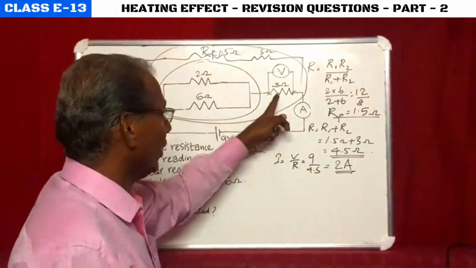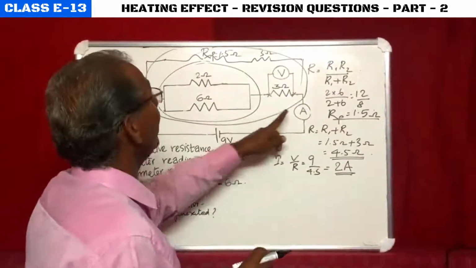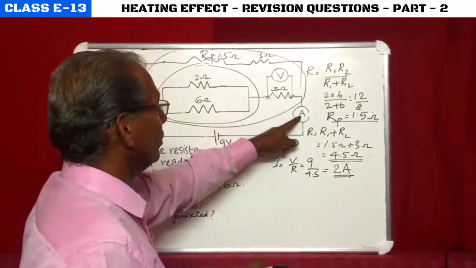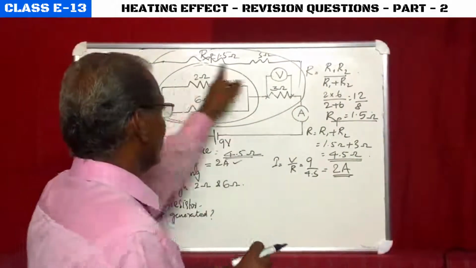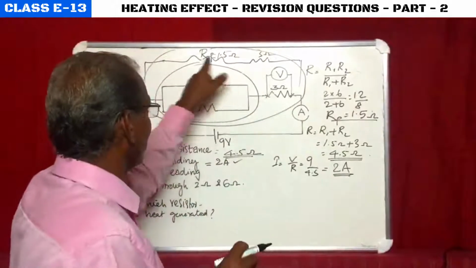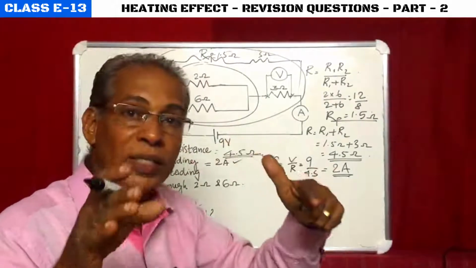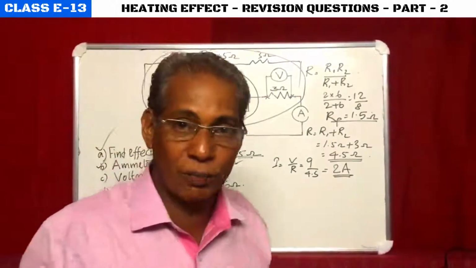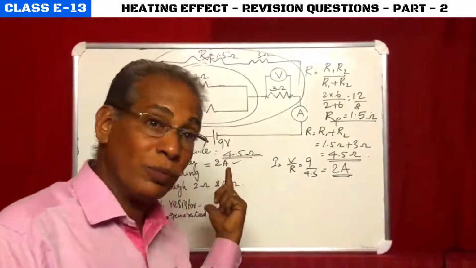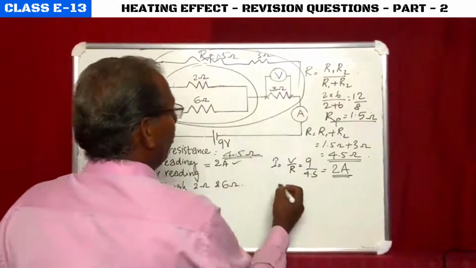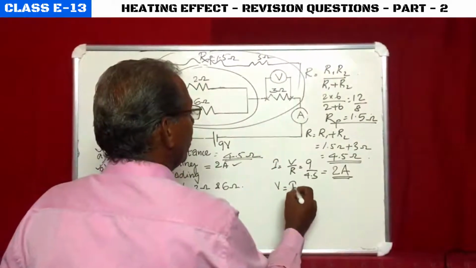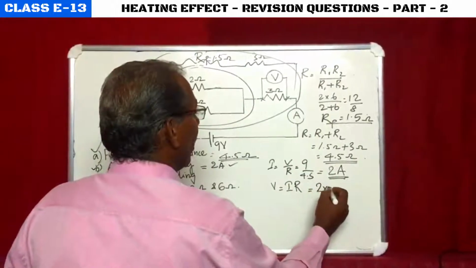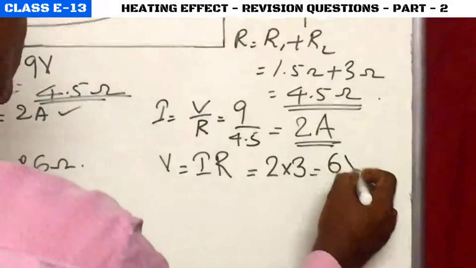How can we calculate voltage if current and resistance are known? These two are needed because this is a circuit. It is a series connection. Wherever you measure, the current is 2 ampere, no change, and the resistance is 3 ohms. So what is volt? V is equal to IR, that is I is 2, R is 3, so 6 volt.